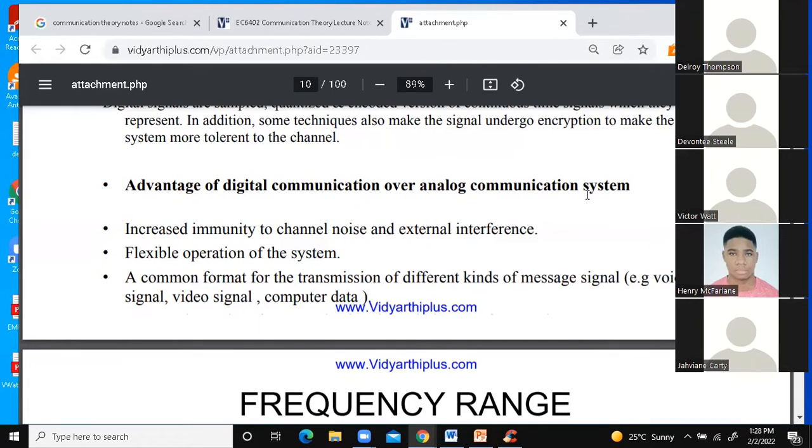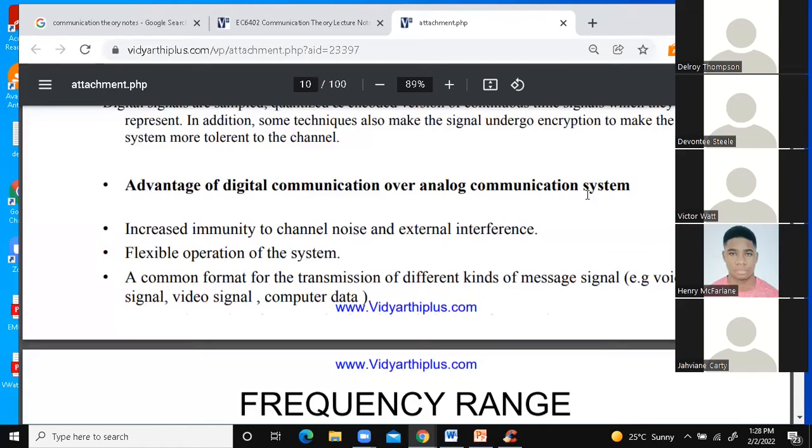Increase immunity to channel noise and external interference. Right? So increase immunity. That's like a booster shot if you guys get the vaccine.